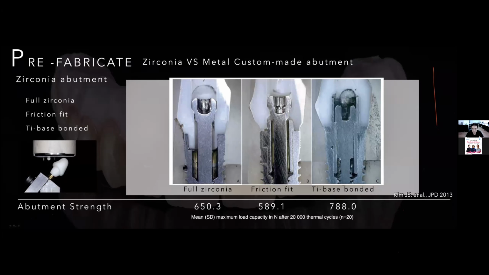So this is a big problem for the fixation-type zirconia. And the Ti-base bond is very good and stays very nice. If you have a longer or bigger cement surface, you can get a better and higher bond strength.